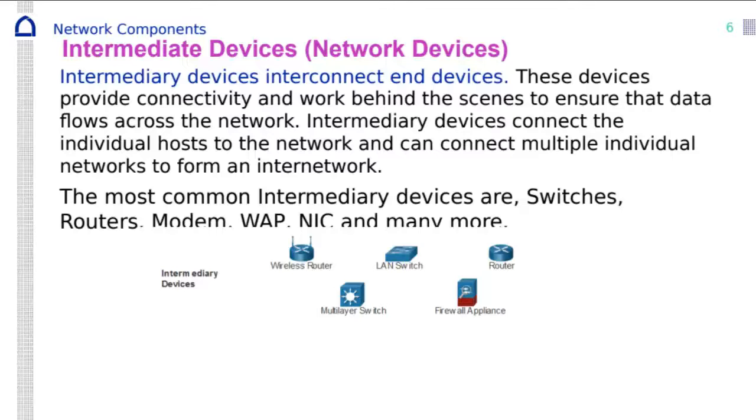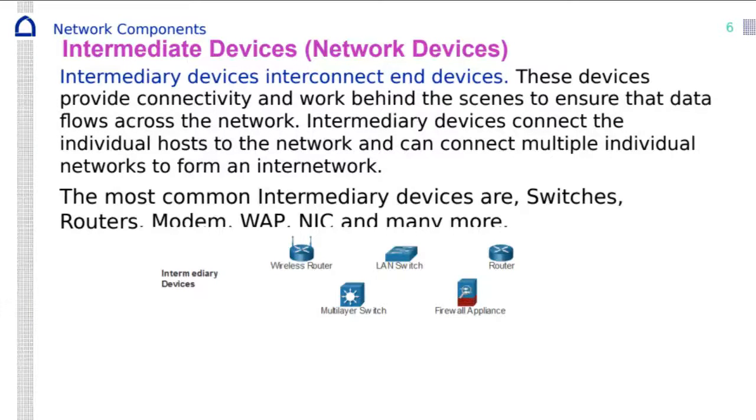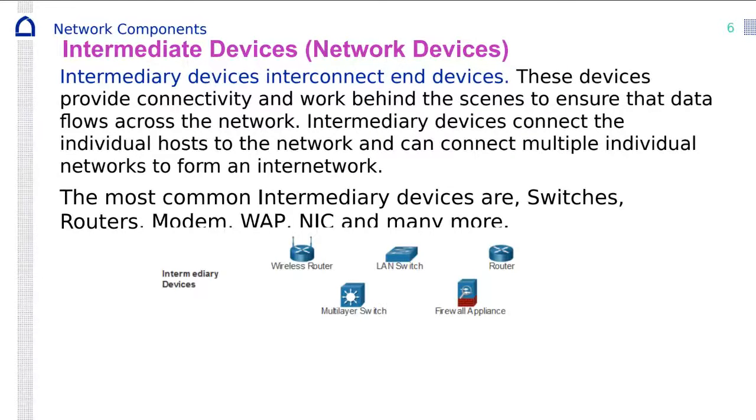Intermediary devices interconnect end devices, as we just mentioned. These devices provide connectivity and work behind the scenes to ensure that data flows across the network. So they connect the individual host to the network and can connect multiple individual networks to form an internetwork.